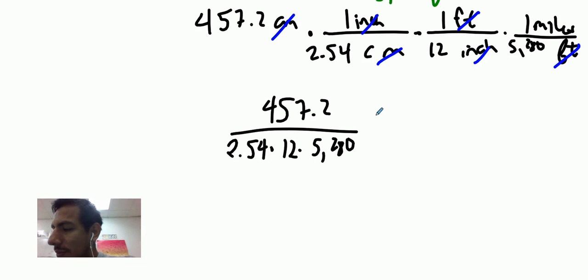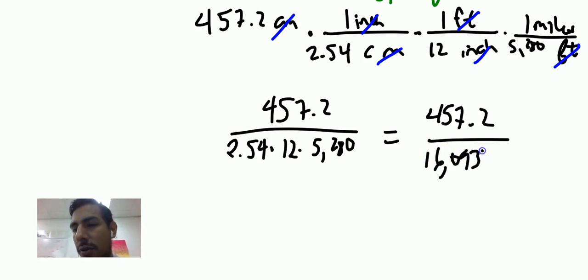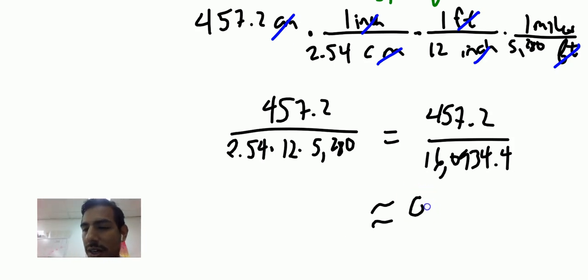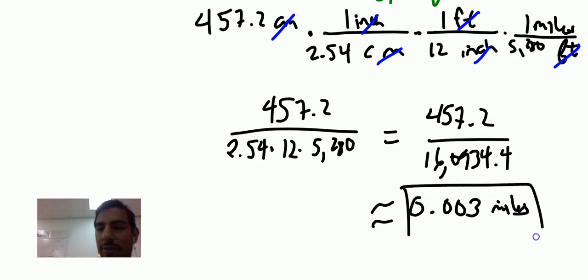It's not me. 161,000... Holy moly guacamole, Batman. That is 457.2 over 16,934.4. Wowzers. So when we divide 457.2 by that number, we end up getting a super tiny number, 0.003 miles. Okay, not many miles in 457 centimeters, which I guess kind of makes sense.